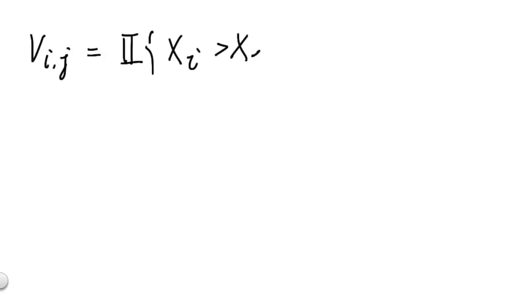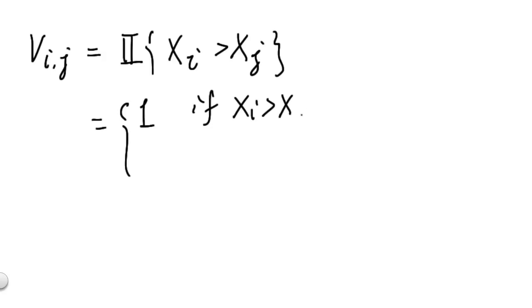Now let's introduce the notion of indicator random variable. Here we'll define for each i, j the variable V_ij as the indicator variable of the event x_i greater than x_j. That is, the random variable is equal to 1 if x_i is indeed greater than x_j, and 0 otherwise.